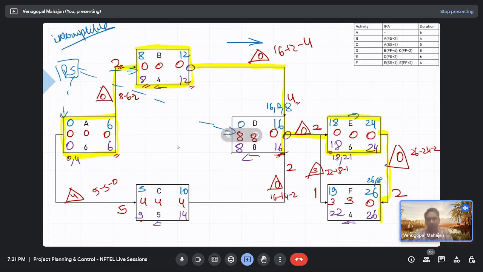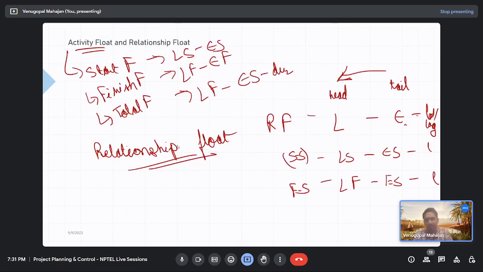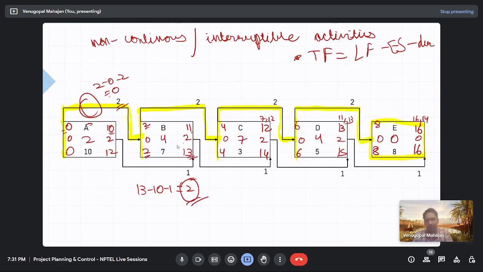Okay, so let me take you back to this example. It will decrease, sir. Okay, will decrease. We'll see. Right now, first, let's talk about this example.